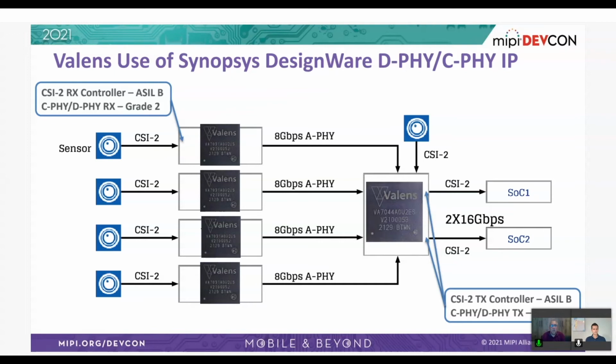So all in all, we have an end-to-end solution that has the new capabilities of A-PHY with all the spec compliance and very low packet error rate, very high noise immunity, 8 gigabit per second, and utilizing the established CSI IP coming from Synopsys. So thank you, and we can go back to you, Luciano.